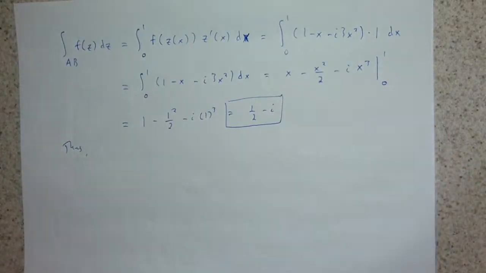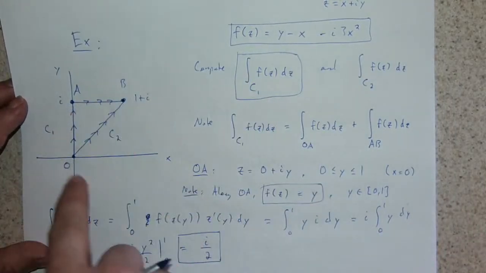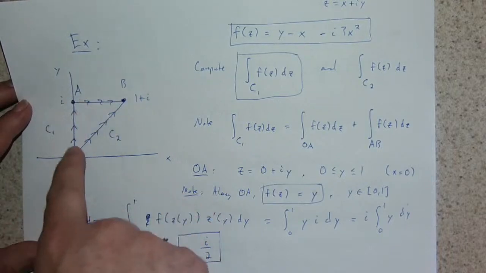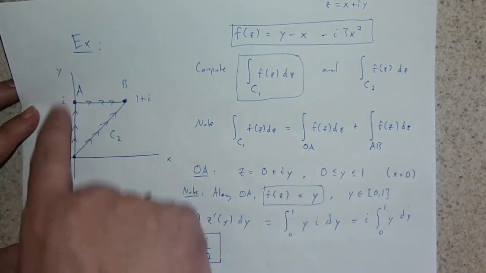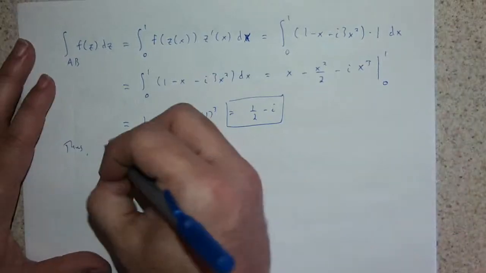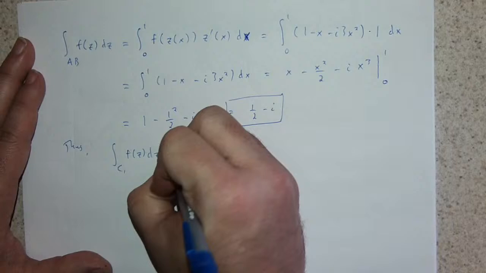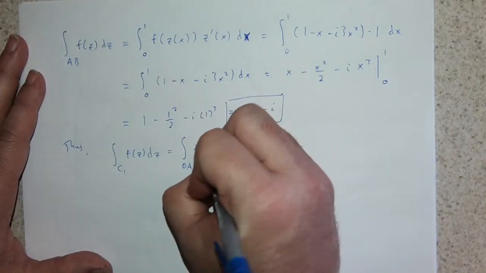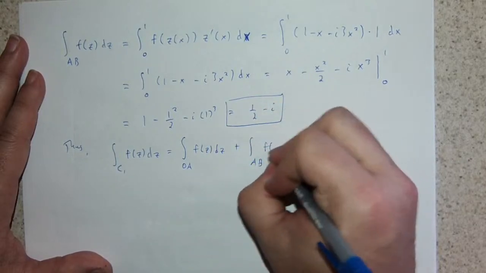the integral that we wanted to compute originally, we bring it back. The integral along this contour C sub 1, which is this arc that had those two pieces, is the sum of the integral along OA and the integral along AB. So the contour integral along C sub 1 of f of z dz is equal to the contour integral along OA of f of z dz plus the contour integral along AB of f of z dz.